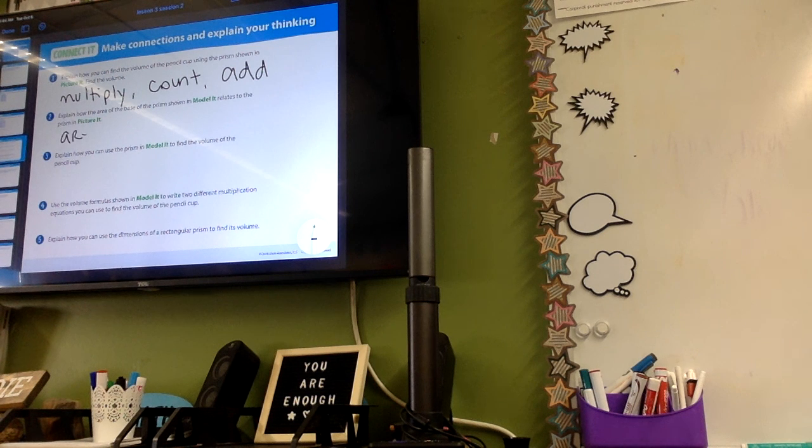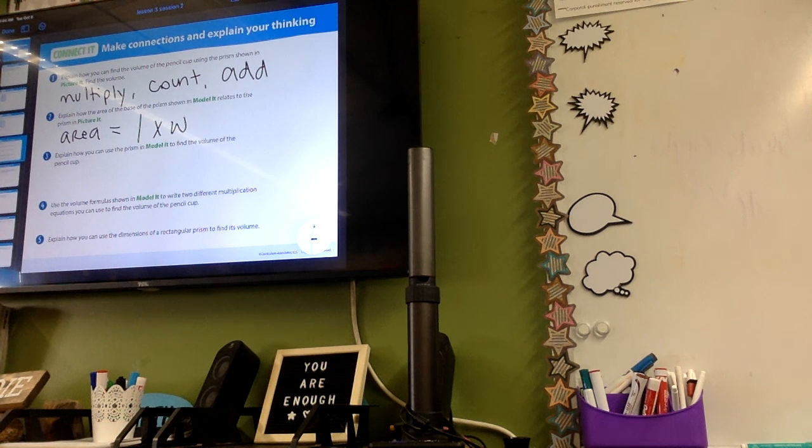Your area is the same thing as the rectangle. Area is what? Length times width. Area is length times width. That's how they relate to each other. We still have length times width in the other one, except it's area in our other one.